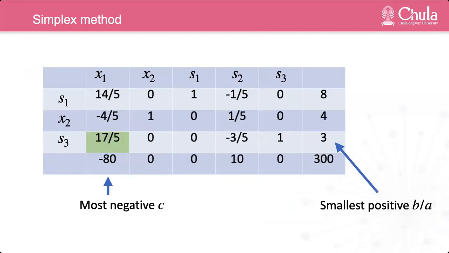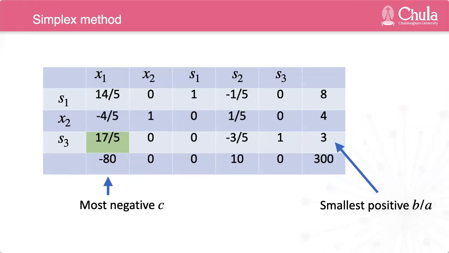So we look at the coefficients of the objective function. We see the negative on x1. What does it mean? If we increase the value of x1, we can further decrease the objective function, right? Then what about S2?